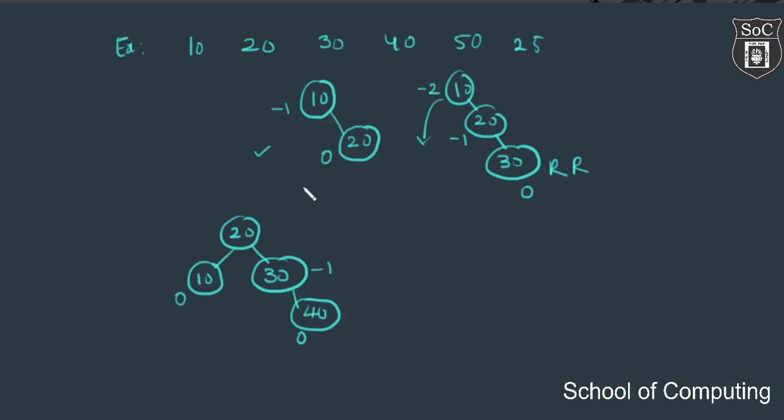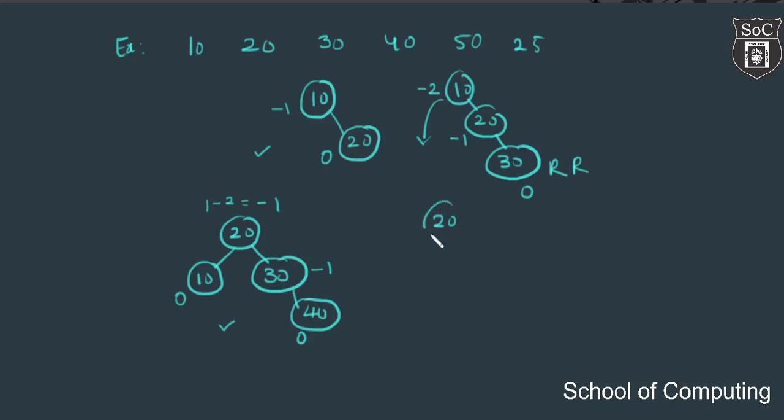Similarly, height at 20, left side I have one edge, 1 minus, right side there are two edges, 1 minus 2, it is again minus 1. So heights at every node are minus 1, 0 and 0. There is no imbalance. This is also fine.